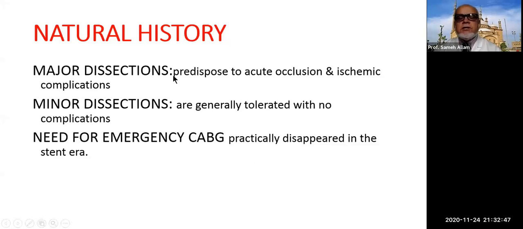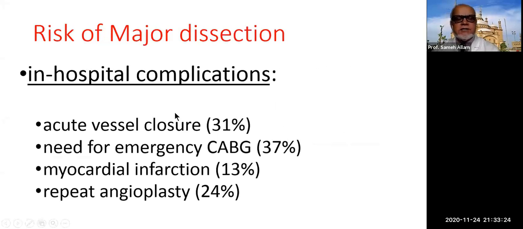Major dissections usually predispose to acute occlusion and ischemic complications. Minor dissections are generally tolerated, self-limited, and treated conservatively with no complications. The need for emergency CABG has particularly disappeared in the era of stent use, but actually the need for emergency CABG was the regular situation in the era of balloon dilatation, before the advent of coronary stents.